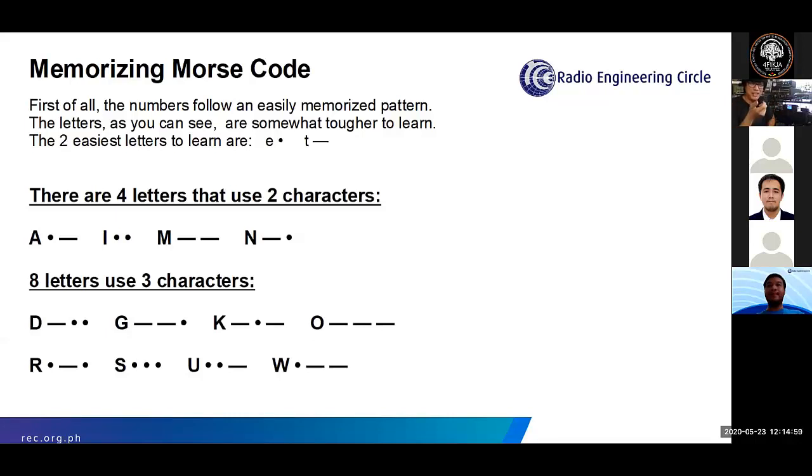So if you're going to send SOS, dip, da, dip. Kung masyadong mabagal, makakalimutan mo na yung susunod, lalo na pag nasa emergency and you don't have pen and paper, no?